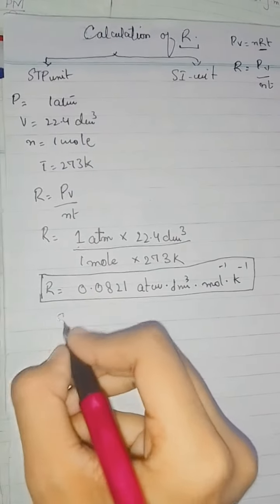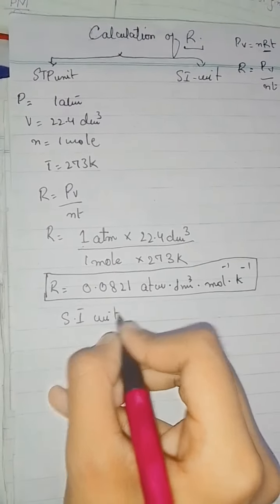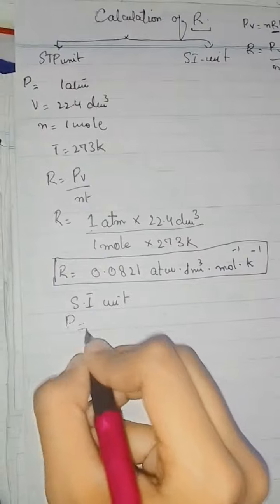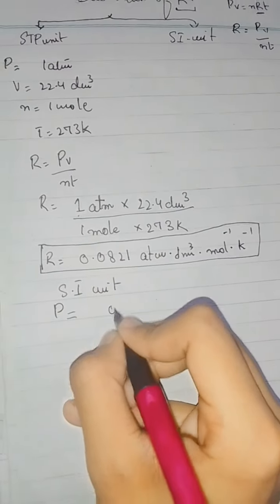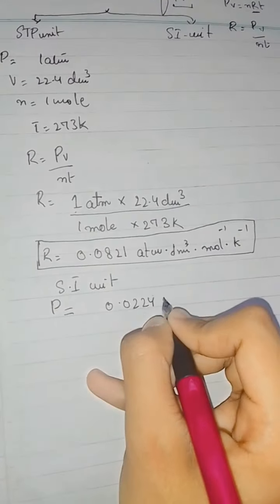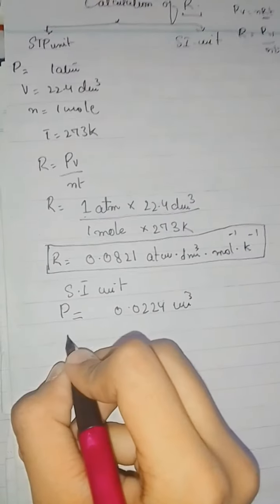Now if we want to find R in SI unit, the value of volume in SI unit will be 0.0224 cubic meter.